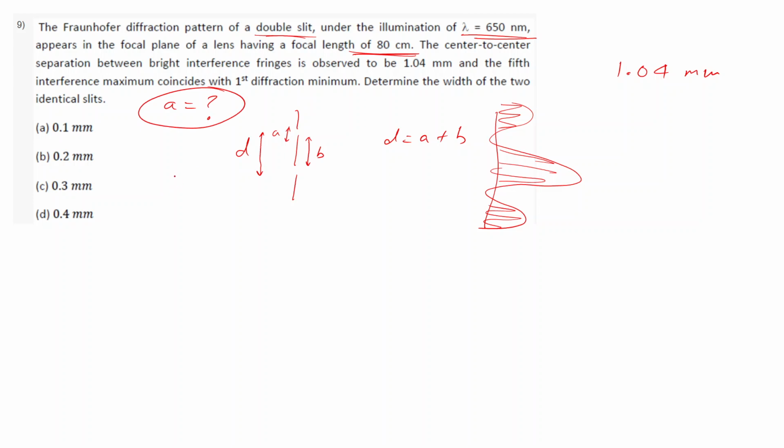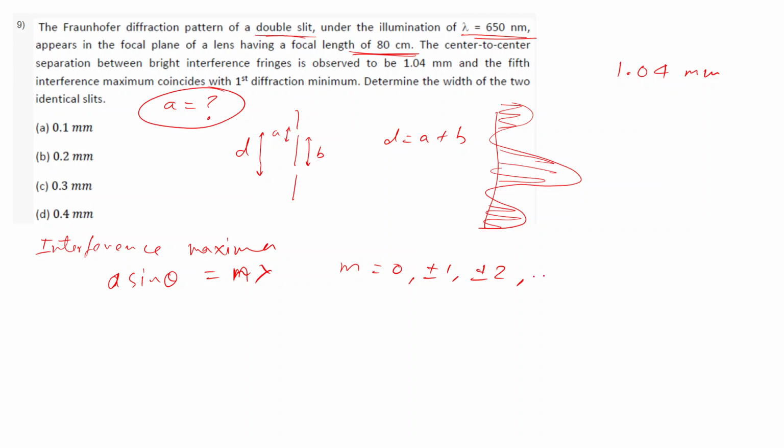Okay. So for interference maxima in the double slit experiment, keep in mind here two phenomena are happening, diffraction and interference. So for interference, we know the condition of interference maxima. It is A sine theta is equal to m lambda, where m is 0 for center and so on.